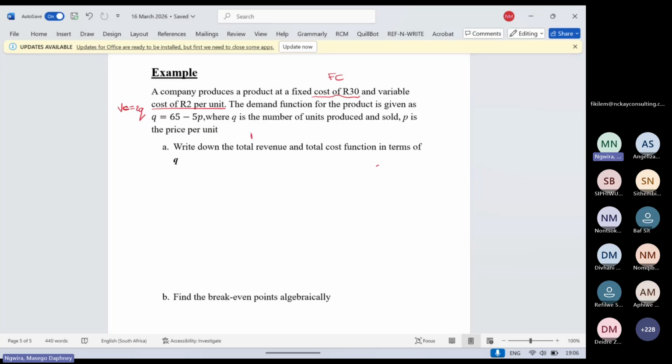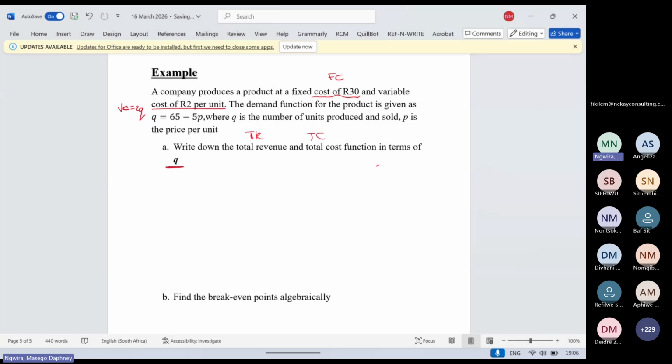So now the question here says, write the total revenue and total cost. So I must look for TR and TC. They're saying in terms of Q. So before I solve for my total cost or total revenue, I must make sure that every time my Q is independent. When you say in terms of P, it means your answer must be P is equal to.